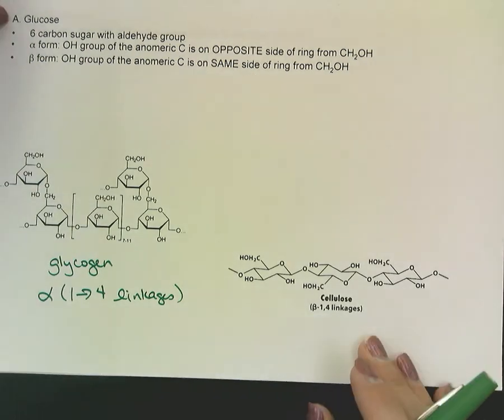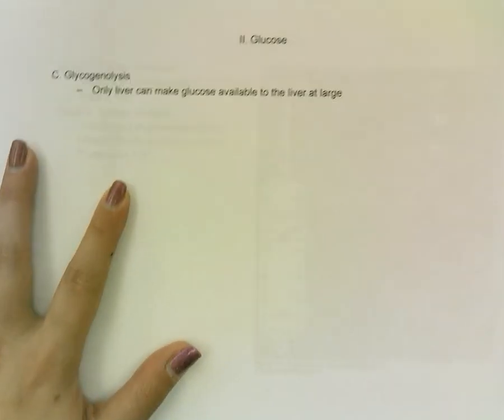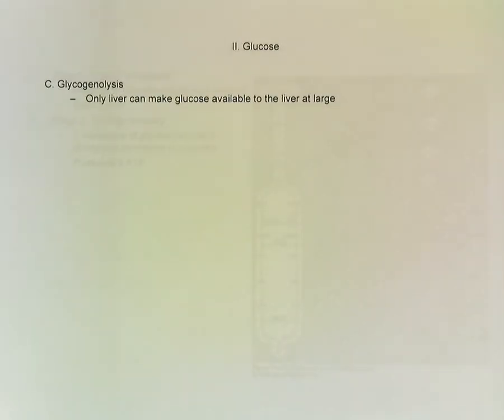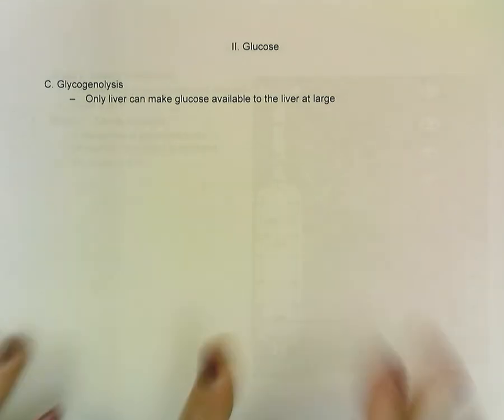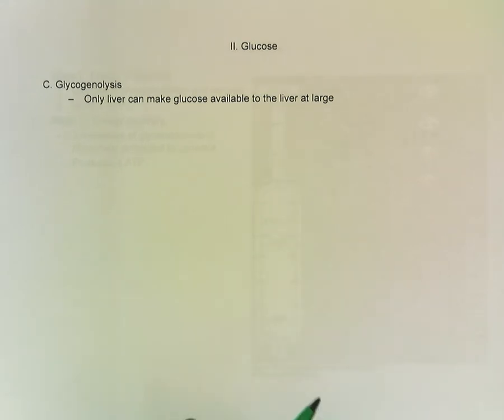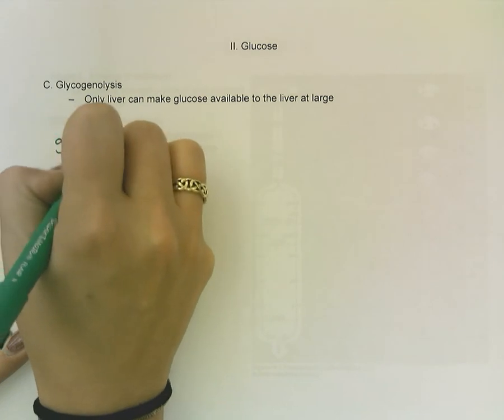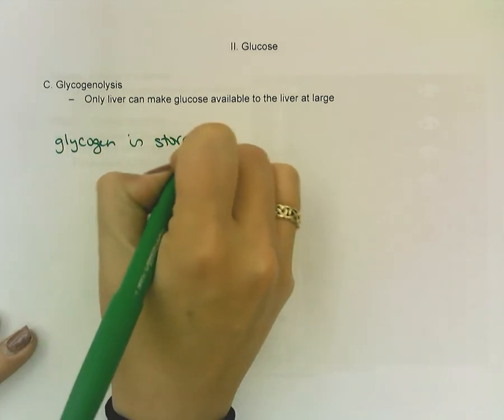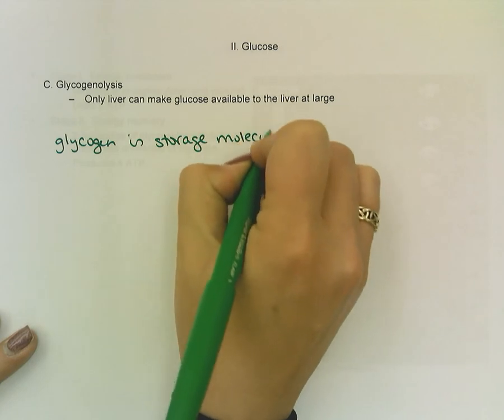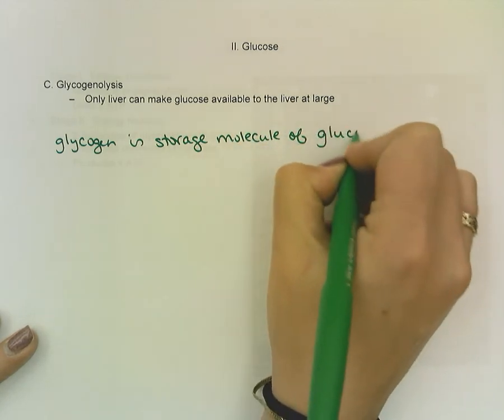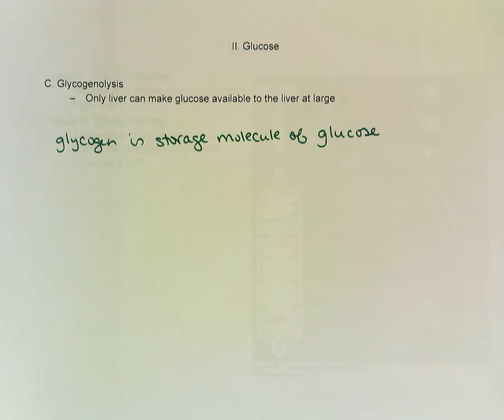Okay. So, glycogenolysis takes place in the liver. So, right, in our body, glycogen is the storage molecule of glucose.